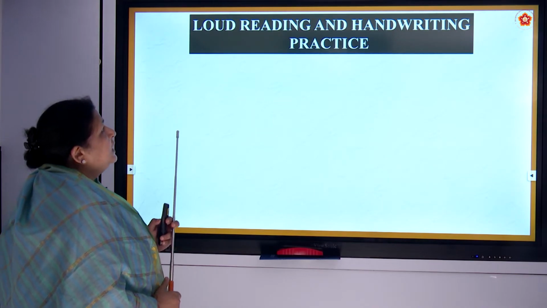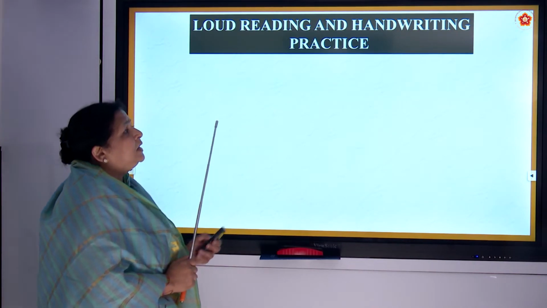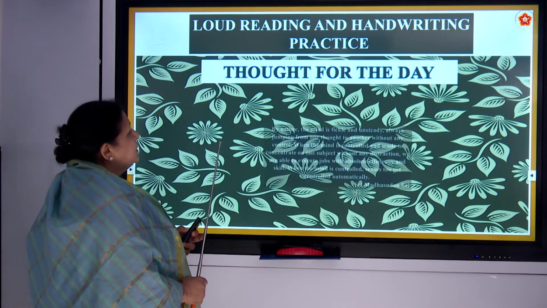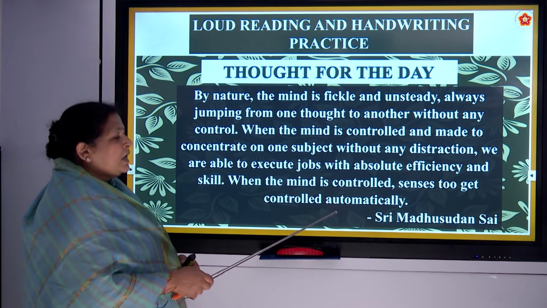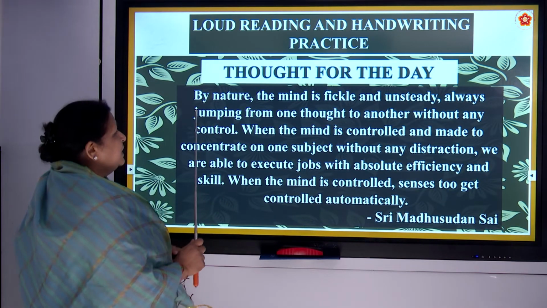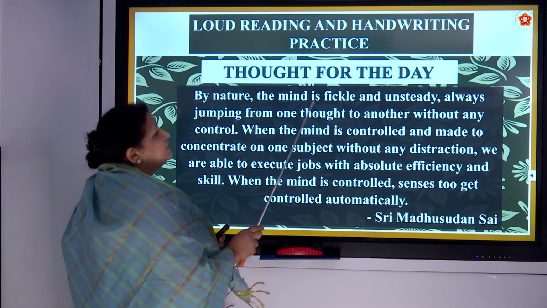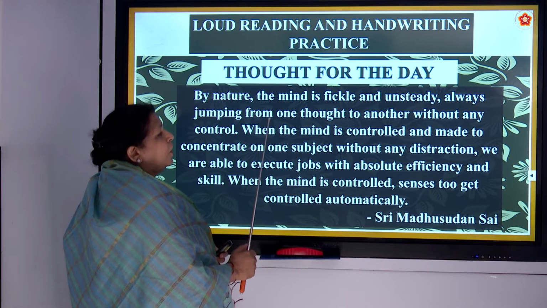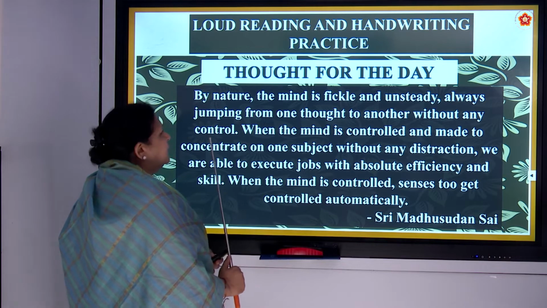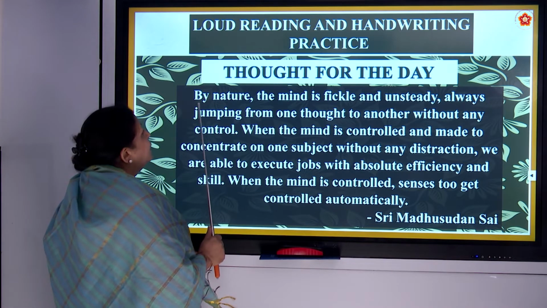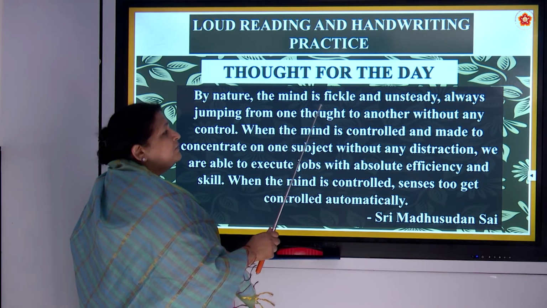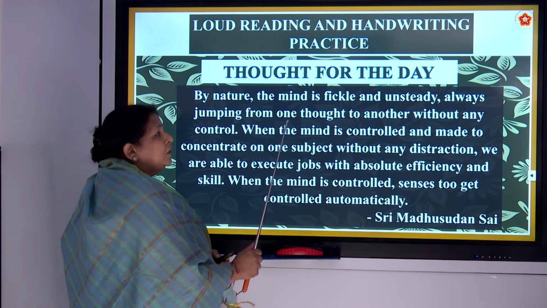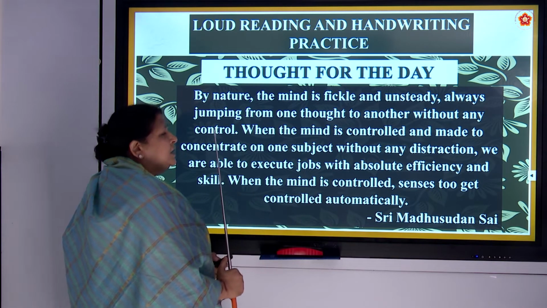So now let us see loud reading and handwriting practice, and let us see what the thought of the day is. Thought for the day is again by Sri Madhusudan Sai. By nature, the mind is fickle and unsteady, always jumping from one thought to another without any control.